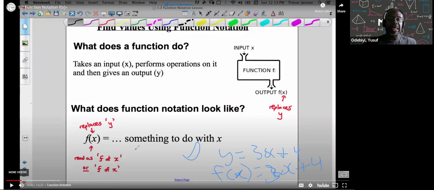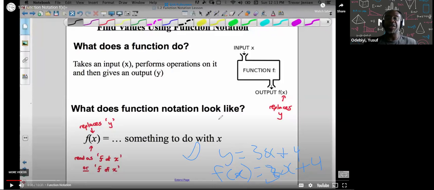And the way you say it, you can read it out, you can say f at x or f of x, but basically you're replacing the y. That's how you read it, okay? So that's the way to write it in function notation. All your line equations that you wrote like this, now you write it with f of x.